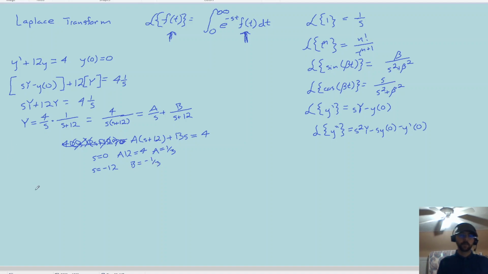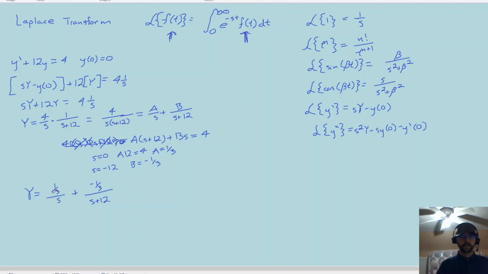So now back to what we had above, we have Y, big Y, meaning the Laplace transform of y, equals, a is 1/3, 1/3 over s, plus -1/3 over s plus 12.